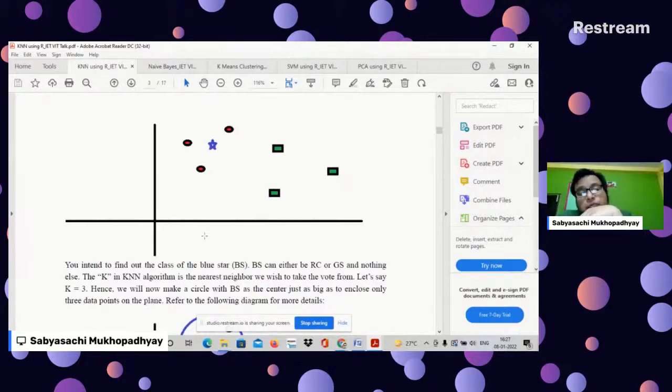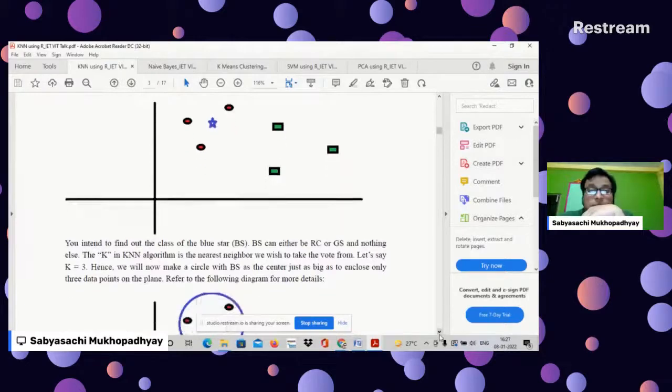If you put the K value as 3, we will make BS the center and try to see which category the blue star will belong to.